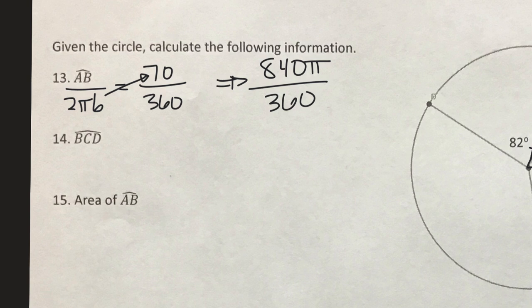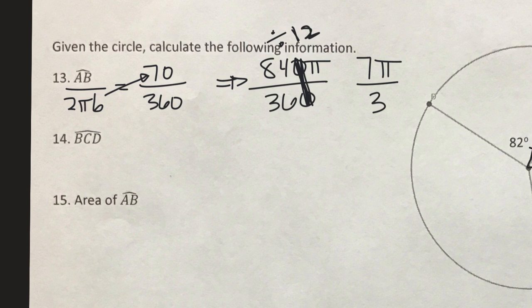If we reduce this, we can get rid of the zeros, and 84 and 36 are both divisible by 12. 84 divided by 12 is 7, so it reduces to 7 pi over 3. 12 is the GCF between 84 and 36.